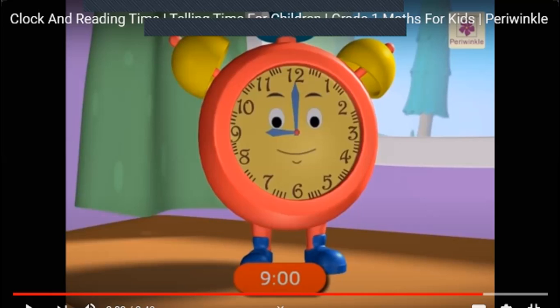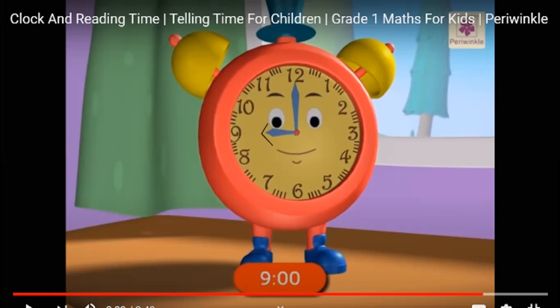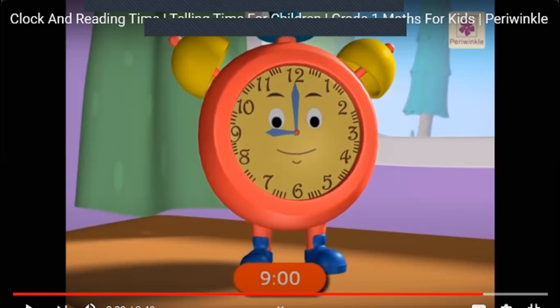Okay. So first of all, I hope you all remember that this short hand is known as hour hand, right? And this long hand is known as minute hand. Now, there are 24 hours in a day, but there are only 12 numbers on a clock. So, the hour hand has to take 2 full circles in a day.